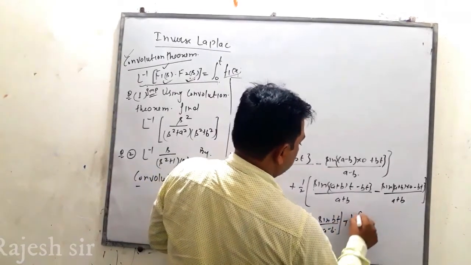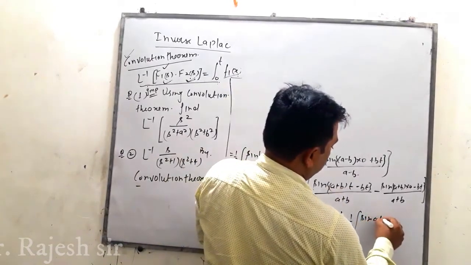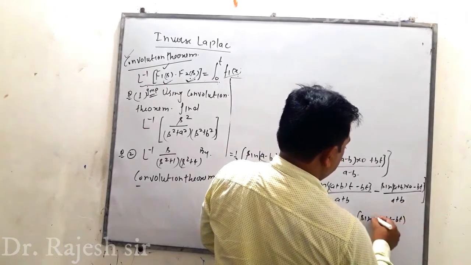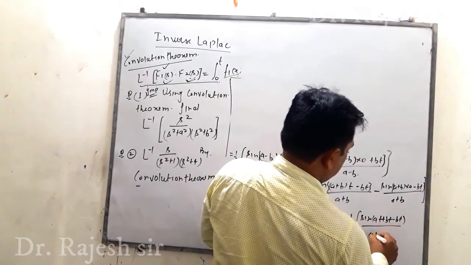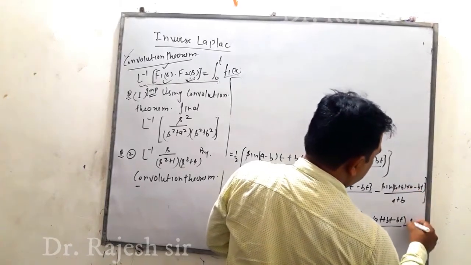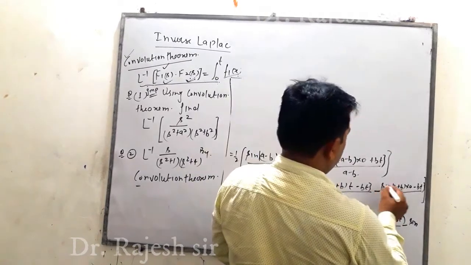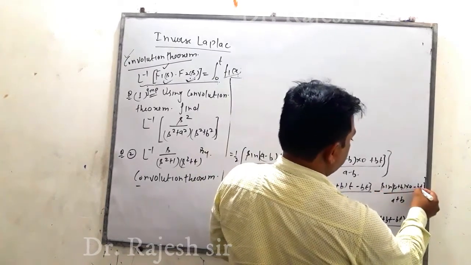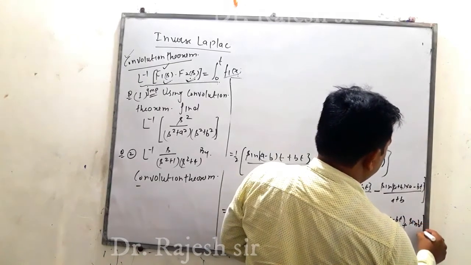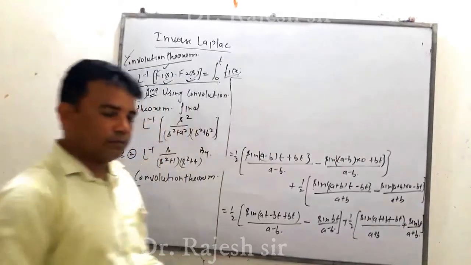Next, 1 by 2 multiply by sin at plus bt upon a plus b, minus multiply by 0, this 0, sin of this is minus bt, that is plus of bt upon a plus b.